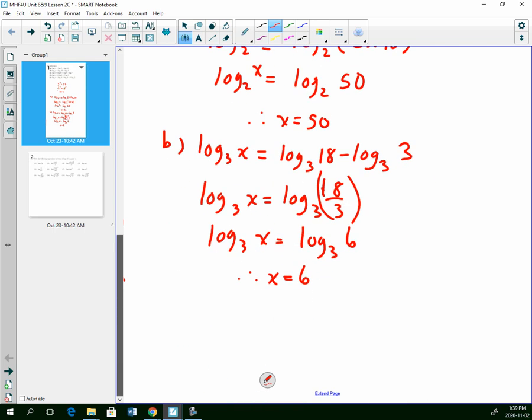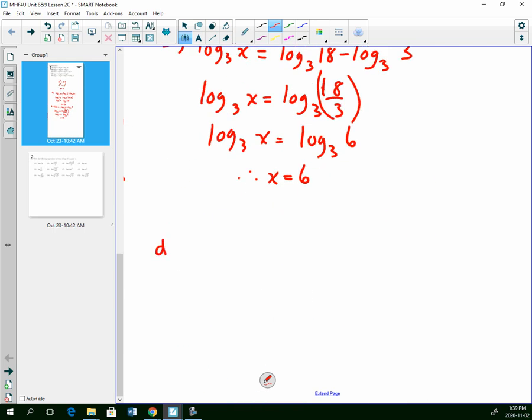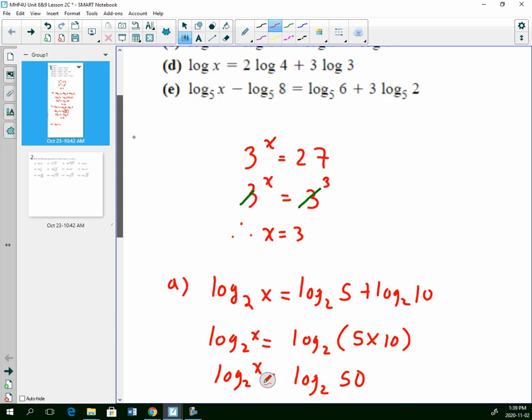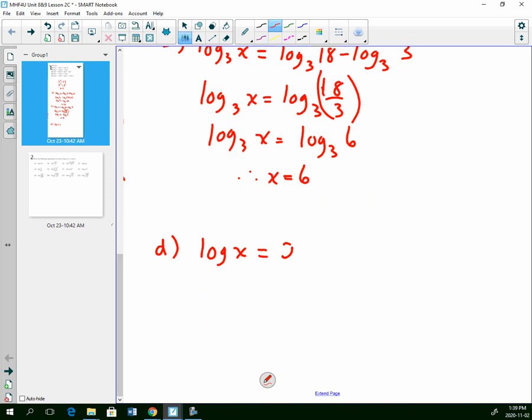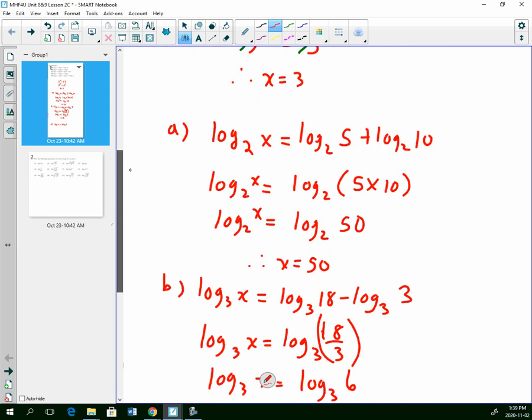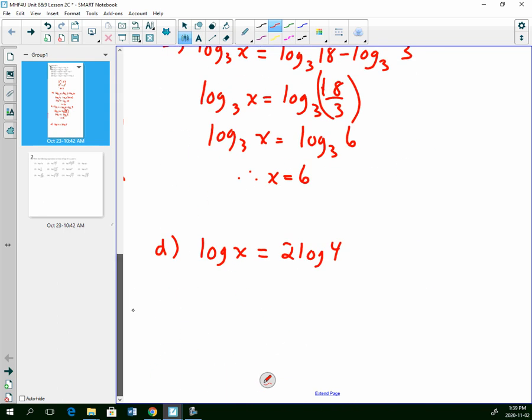So we'll do d. You'll notice in d that there's no base, so that is assumed to be base 10, right? Because we don't have a number there. So order of operations says you have to do exponents first.